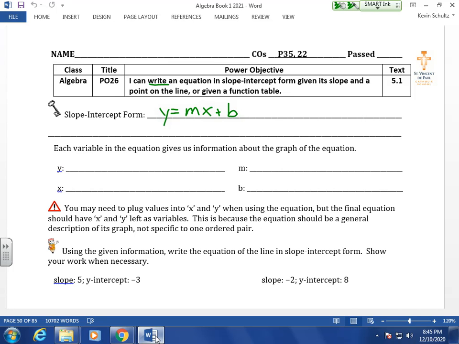It doesn't really matter what x and y are. They just represent ordered pairs that are on the line. But if you can calculate the slope and calculate the y-intercept, you've got the equation of any linear function in slope-intercept form, because these are the important pieces. Down below, as a reminder, the m variable is the slope, the b variable is the y-intercept.